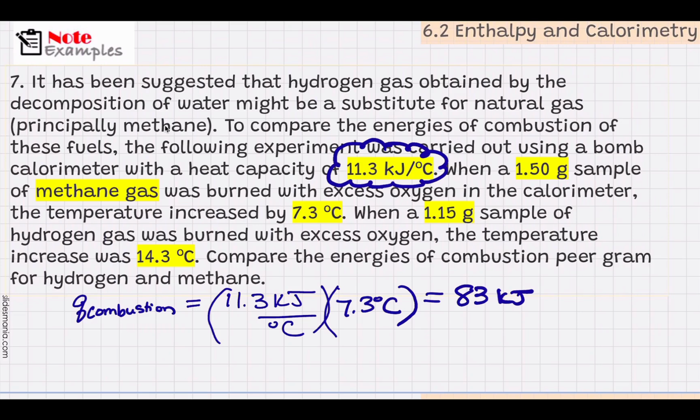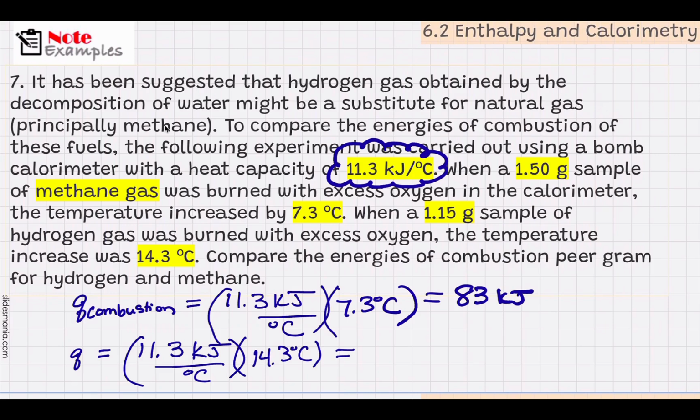So by burning 1.5 grams of methane, it went up in temperature by 7.3, so it released 83 kilojoules. Similarly, we can do Q for the hydrogen by using the heat capacity of the calorimeter and multiplying by the temperature change of the hydrogen.